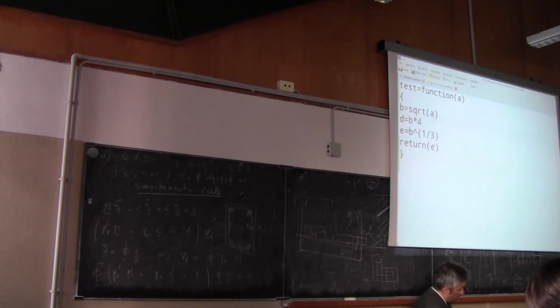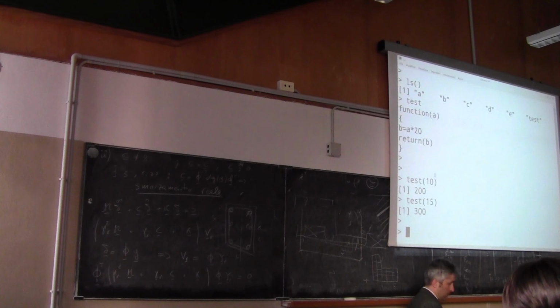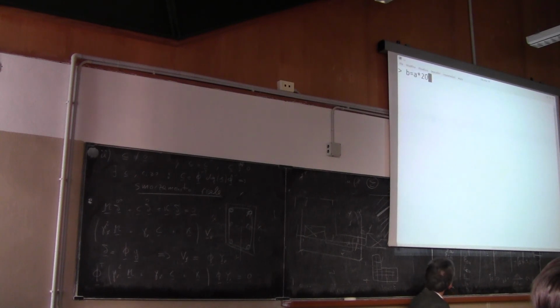How can we load the function in R? Let me go back to R. I just need to repeat, sorry, Control L, I just need to repeat the source command.